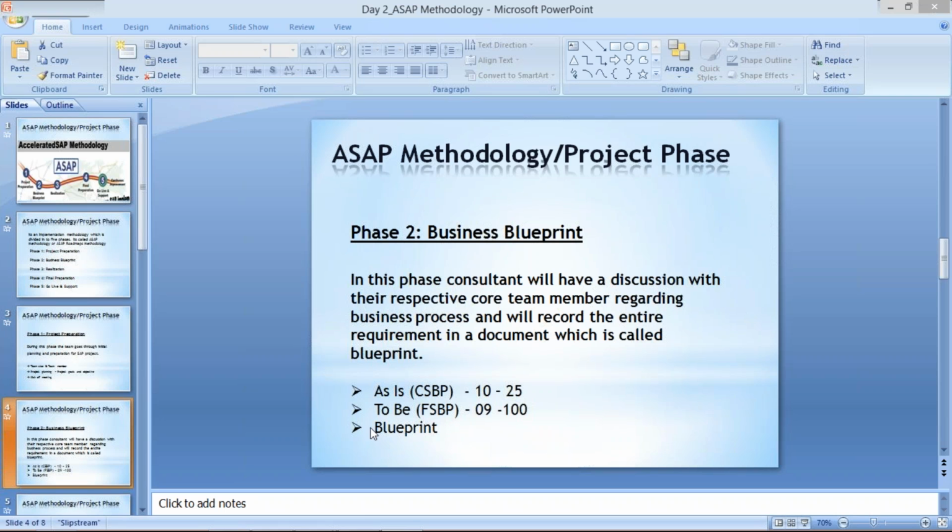Now, we have to prepare a blueprint document, and whatever their requirements are, everything we specify here, and even the differences, in the sense the difference between as-is and to-be.